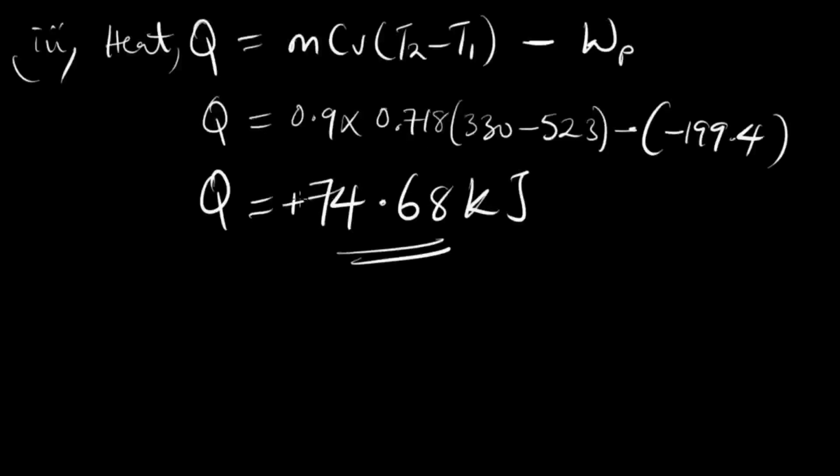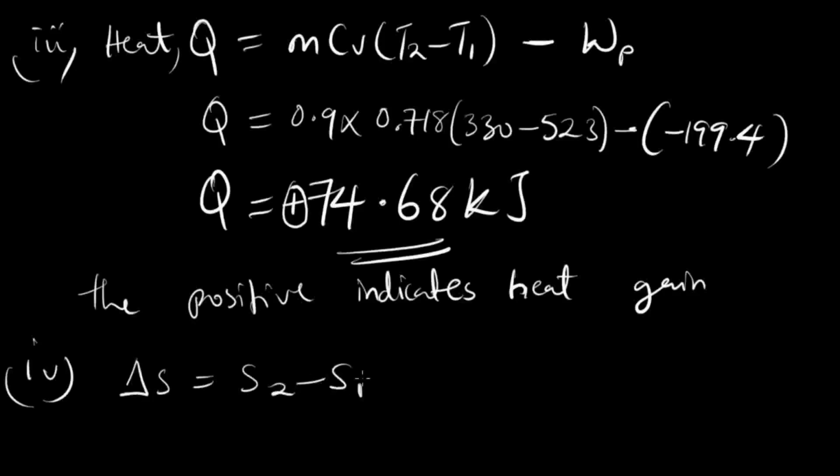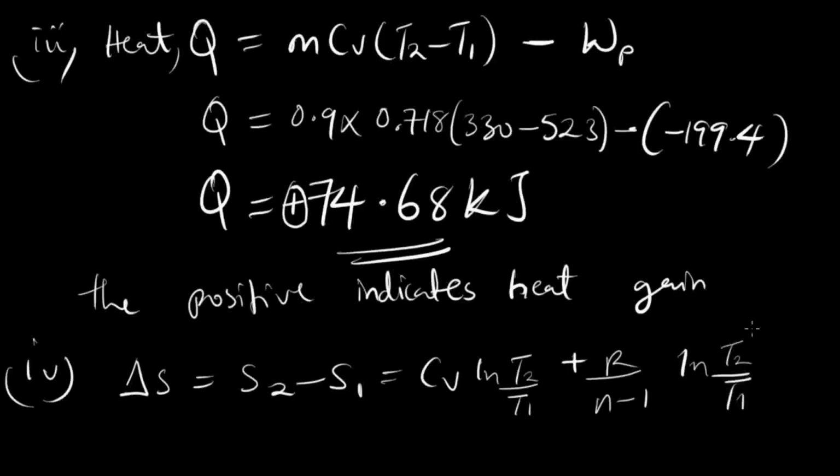So I choose to write it positive. So the positive indicates heat gain. Okay, so lastly, the change in entropy, which is S2 minus S1, is equal to Cv ln T2 over T1 plus R over n minus 1 ln T2 over T1.